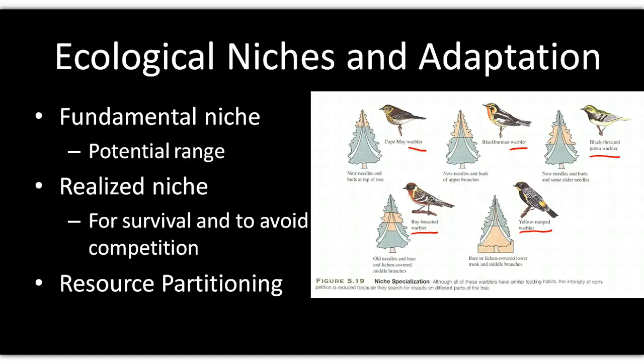We have these 5 different warblers that may live in the same tree or similar types of trees, but they live in different parts, so they can avoid direct competition. They may live or eat insects in different parts of the tree to avoid competing with each other. I find that interesting as well.